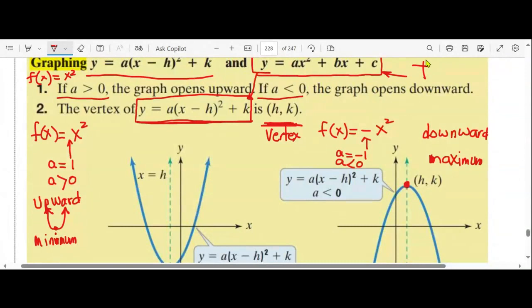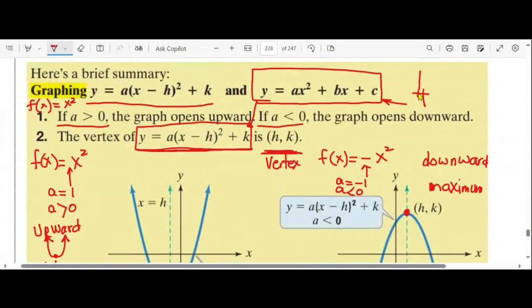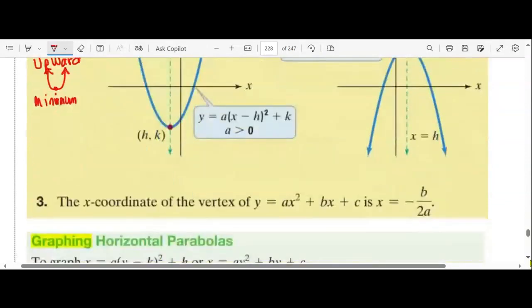Remember the table? We used to do the table. We put some values, like 0, 1, 2, -1, -2, and you find how much is y. So you can do it this way or that way, but always you have to apply the vertex formula to be able to get the vertex value.